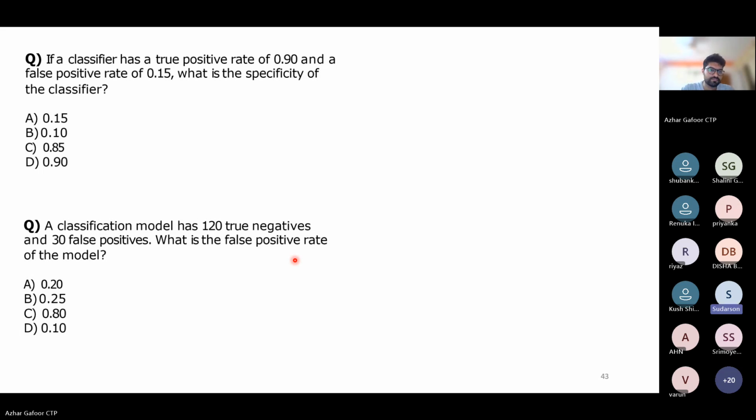Is it 30 by 120? Not 30 by 120. So 120 true negatives and 30 false positives, what's the false positive rate? Sir, A. Yeah, A is the correct answer.